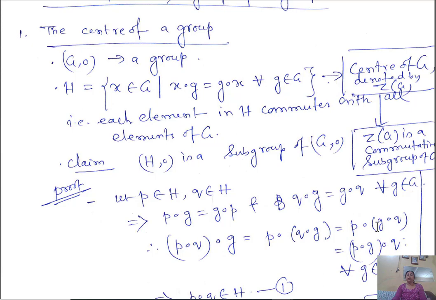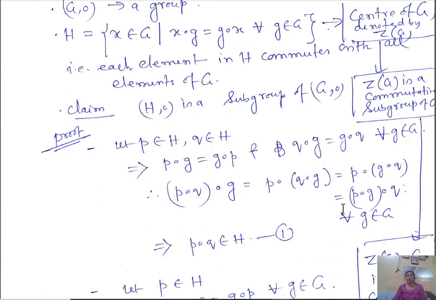Okay, now some steps are missing. So p composition g composition q, I can write this. Now p composition g is g composition p, so you substitute that value. Then by associativity law, it will give you g composition p composition q. So p composition q commutes with g for all g belongs to G. So this step you complete.